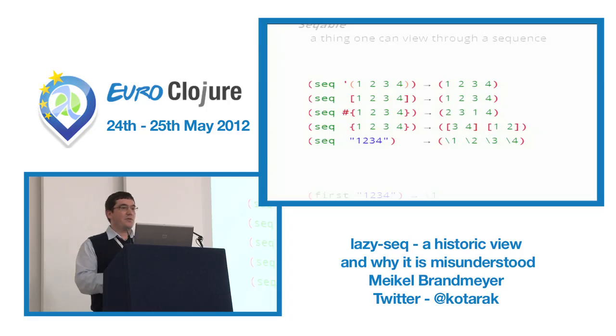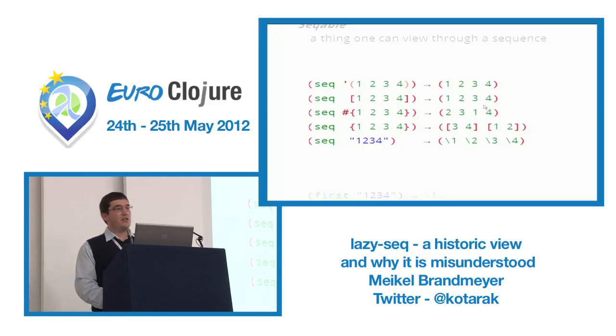Then we have vectors. We can ask for a sequence, and also for all the other data structures. And sometimes it depends. If the input is ordered, the output will also be ordered. But for example, on hash maps or hash sets, the order of the elements isn't determined up front. You get all the elements, but it's not known in which order.